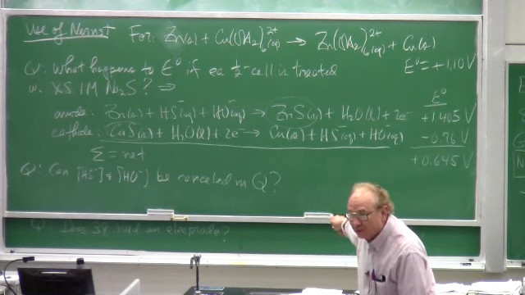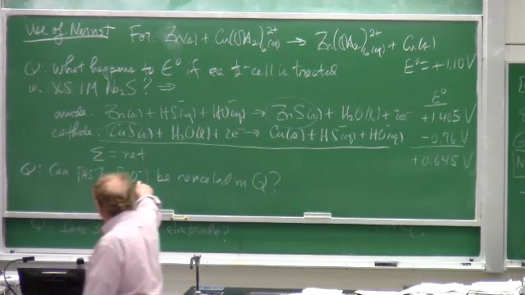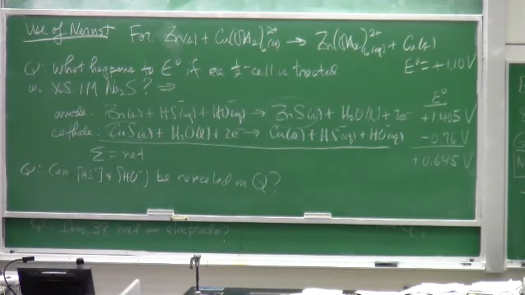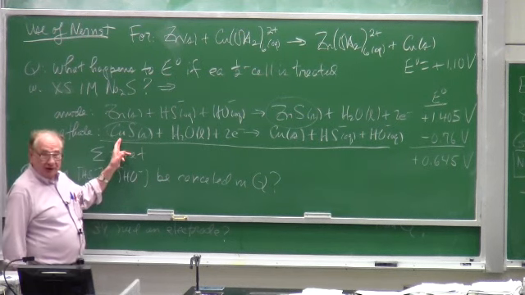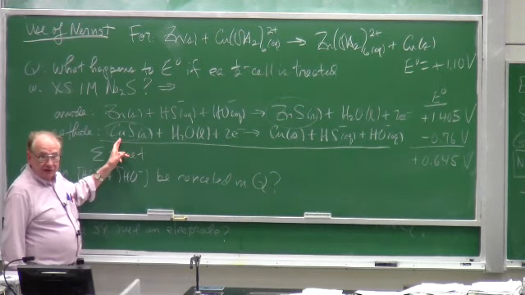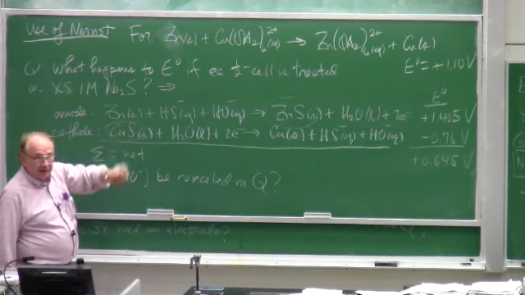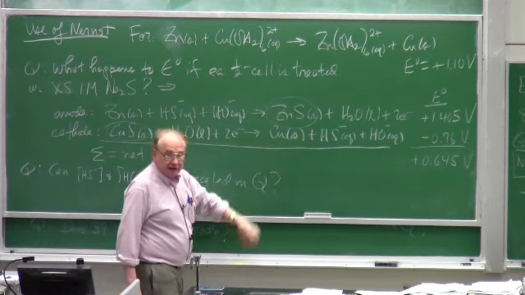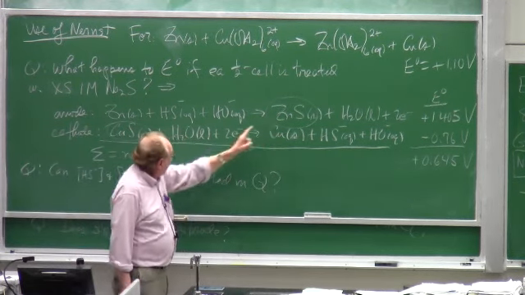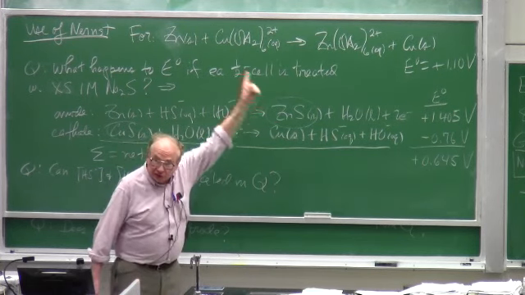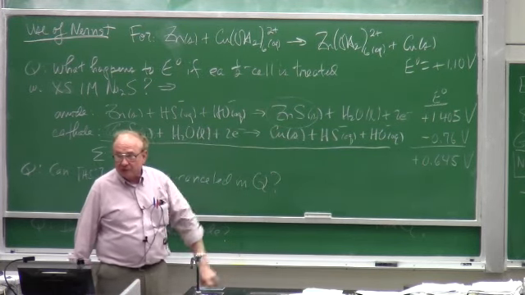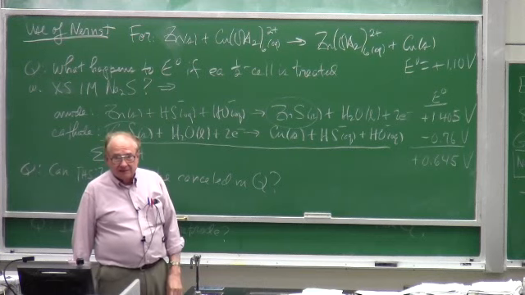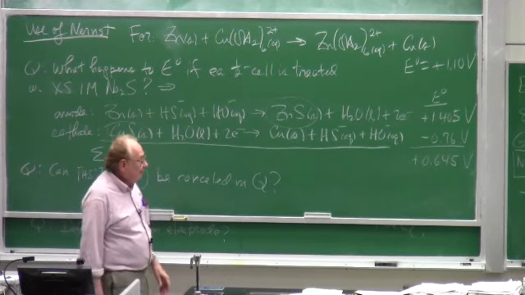Here the E0 value got smaller. And here you're reducing copper sulfide. Up top you're reducing hydrated copper ion. So it must be true that this stuff is harder to reduce. It's considerably harder to reduce than that. And it must also be true that this stuff is more stable than this stuff. Because if this stuff was more stable than this stuff, E0 would still have gone up, would still be bigger than 1.10 volts. Think about it.